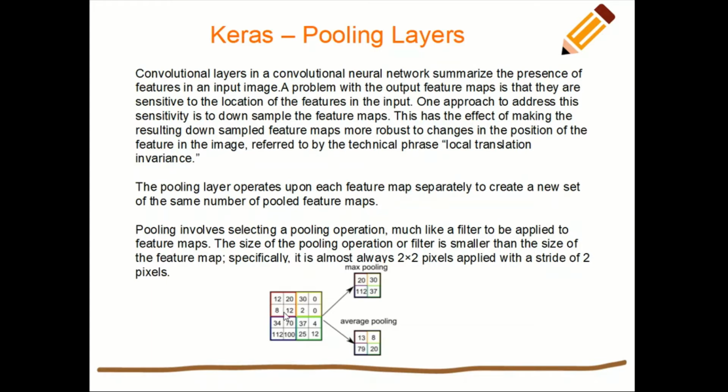With max pooling, we just pick up the maximum value, which is 20 in this particular case, 30 in this case, 100 in this, 112 in this case, and 37 in this particular case. But if you are doing average pooling, then we add up and divide by 4, so we get the average pooling.